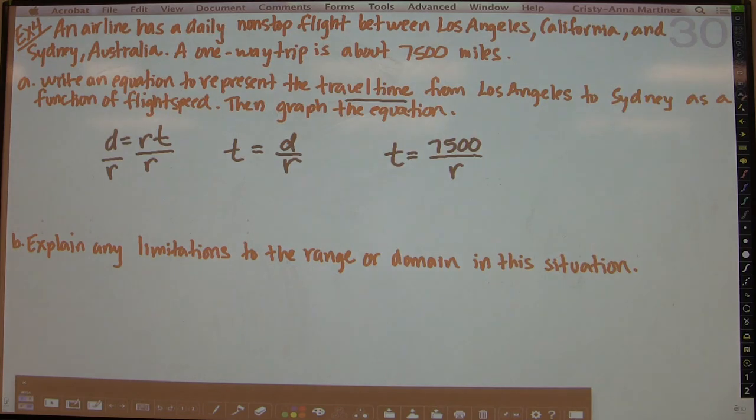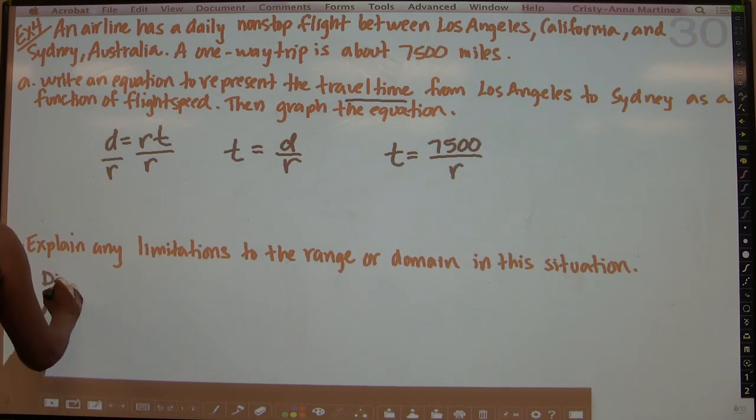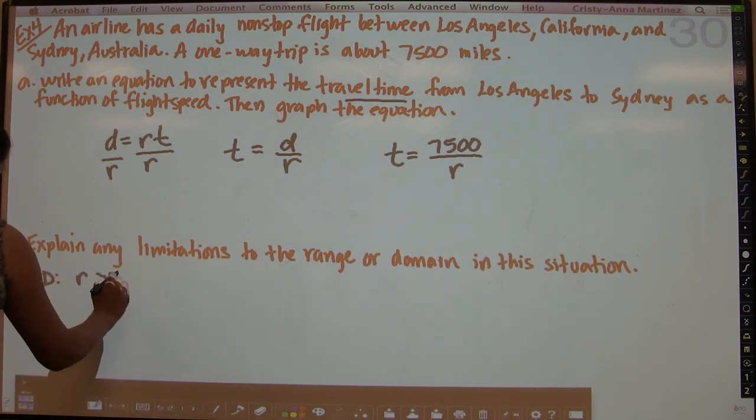Okay, so in this case, you're confined not only by the asymptote, but also by the practicality of this situation being a real-life situation. So in this situation, the range and domain are limited to all real numbers greater than 0. So for the domain, r is greater than 0.